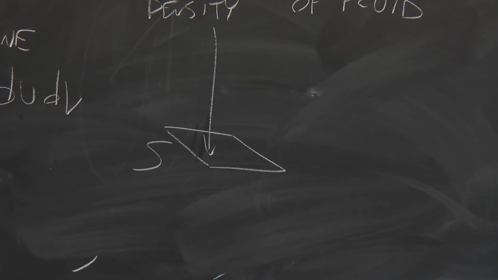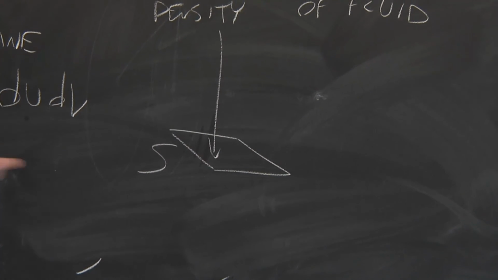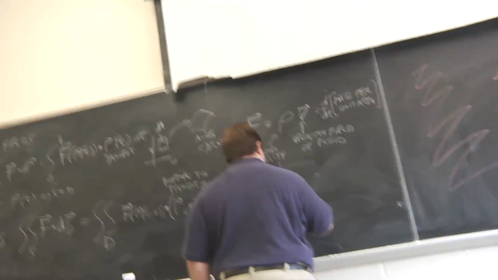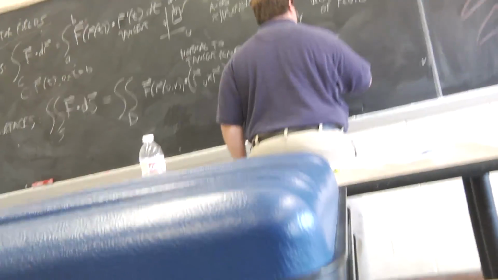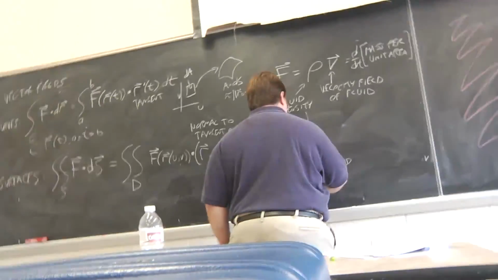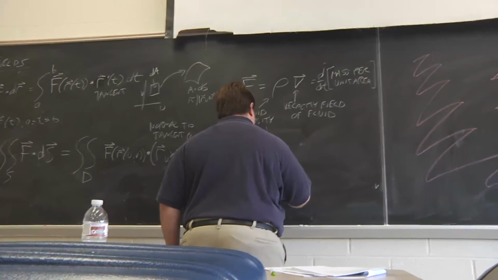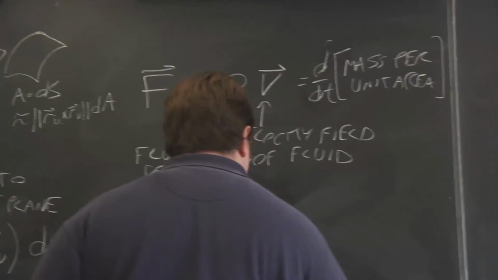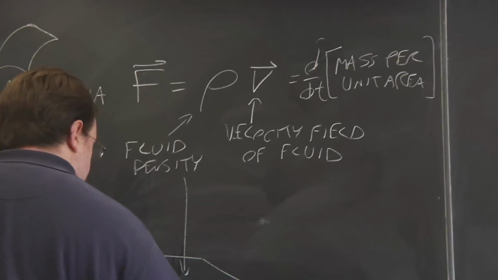So it's directed, like for instance, if you're pointing a hose right at it, then the amount of fluid passing through is the density times the velocity.